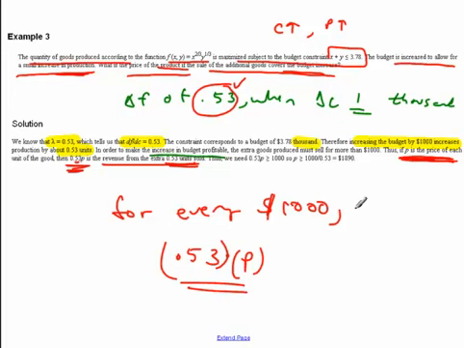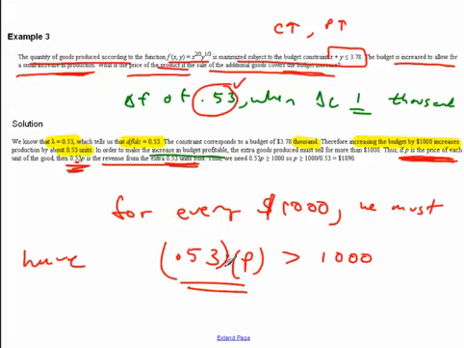So for every $1,000 increase, we must have 0.53P be greater than that $1,000. Let's say this again. We spend $1,000, we get 0.53 more production. 0.53P is how much money we're getting from that additional production.